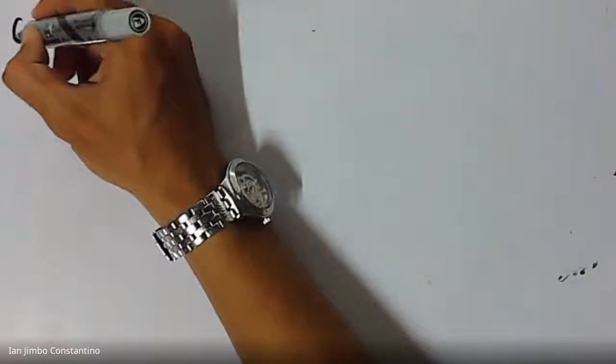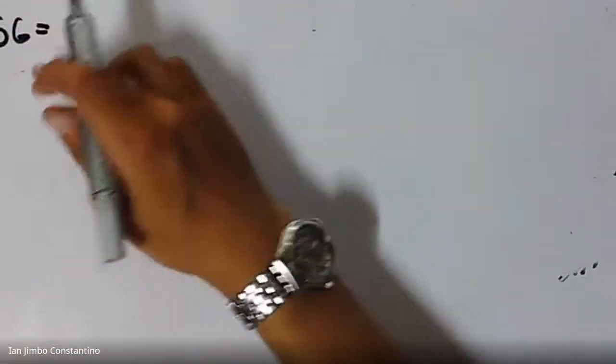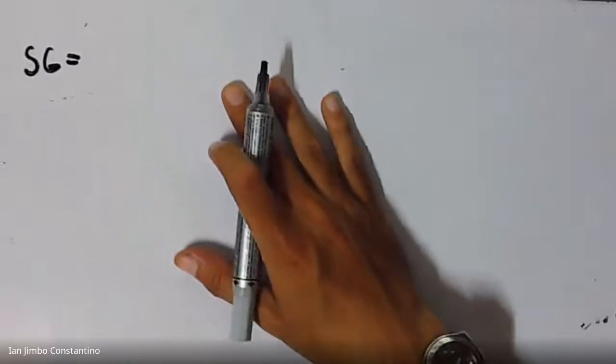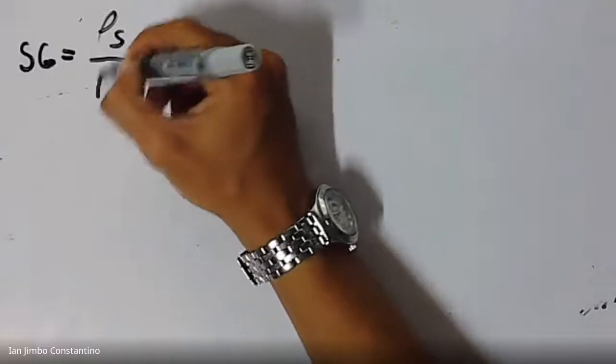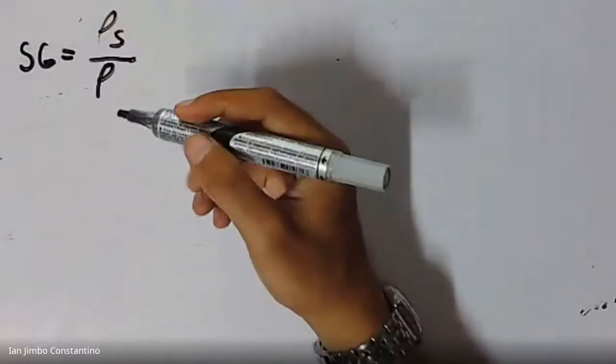But we still don't have the SG at 15.6 degrees Celsius. The one we need is the SG at 15.6 degrees Celsius. Already we have the density. Now, in your recent discussions, I gave you the formula for SG. The specific gravity of any substance is given by the density of your substance divided by the density of the reference substance. But the reference substance here is always water, okay?